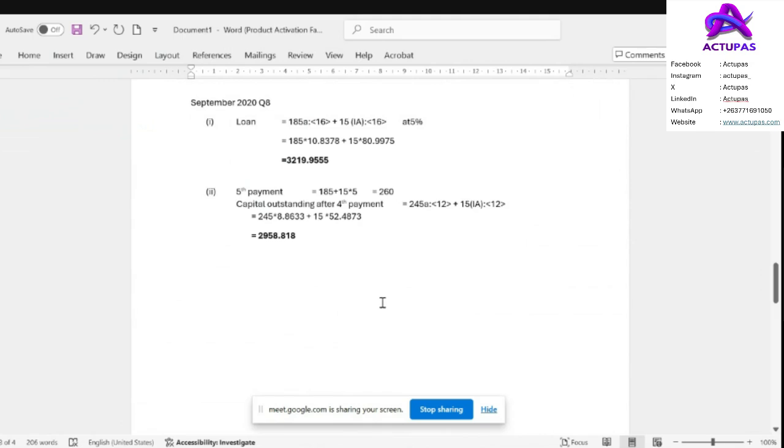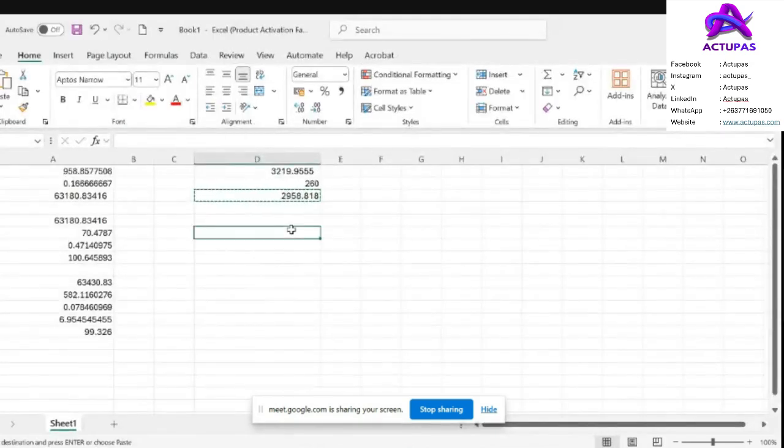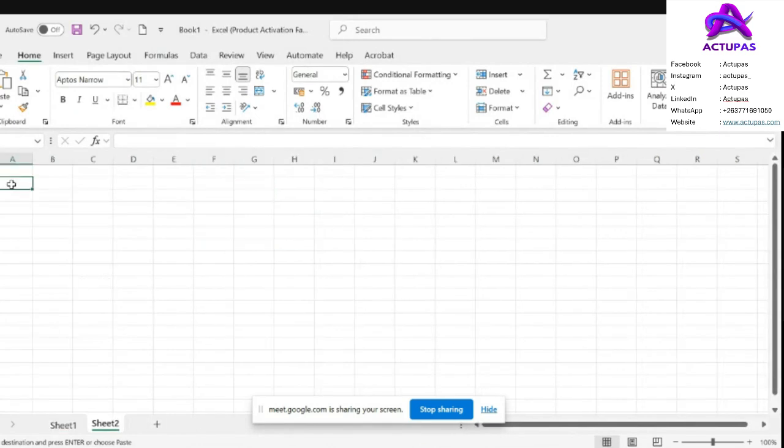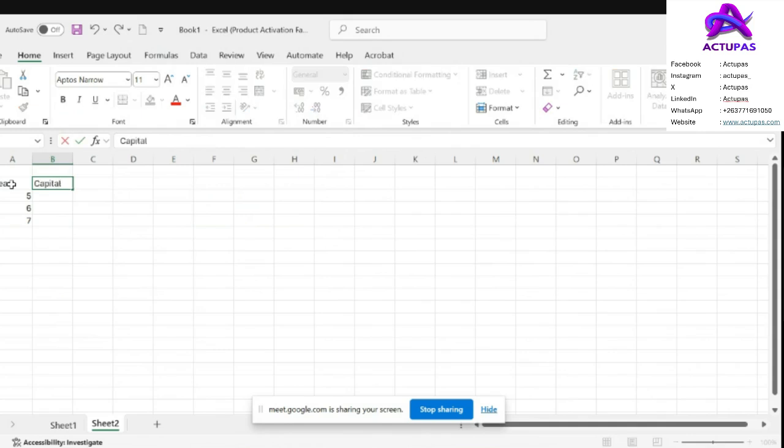Now we want to come up with the loan schedule. The easier way would be to come up with the loan schedule in Excel and then copy it here. So we have our year 5, 6, and 7. We want the 3 years. And your capital outstanding at start of the year, we can denote this as A. For the first year, we found it to be 2958.